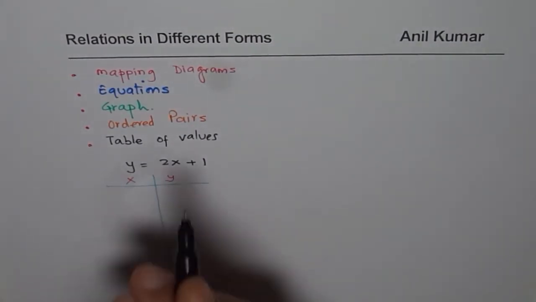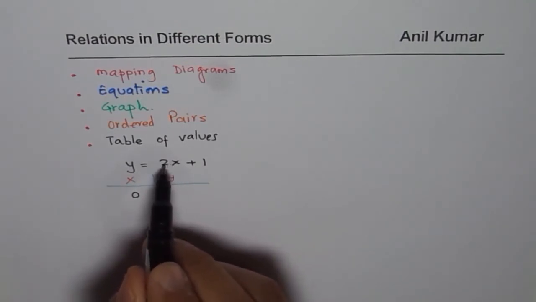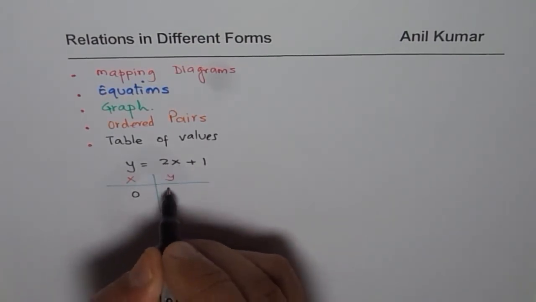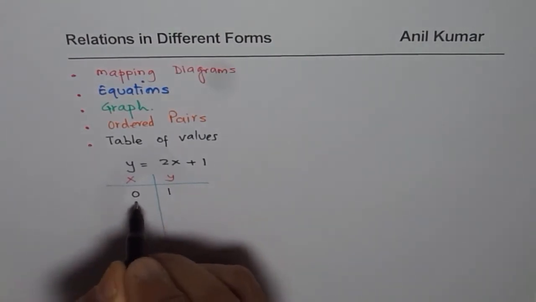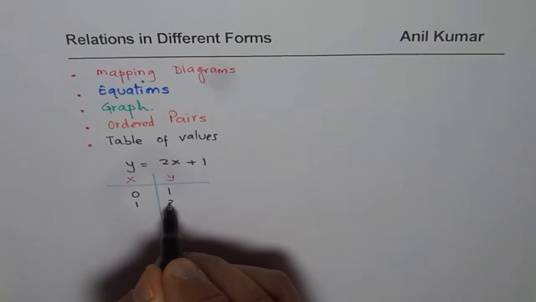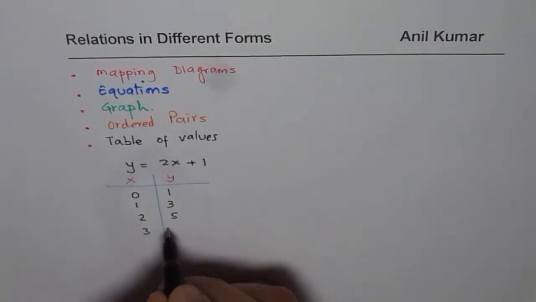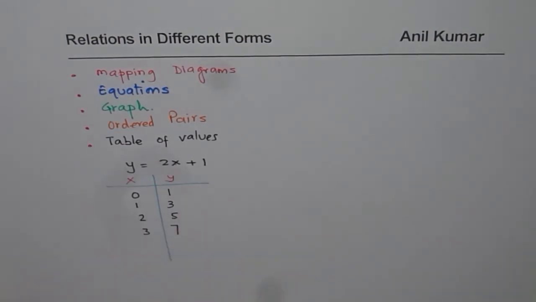So if x is 0, then 2 times 0 plus 1 is 1, y becomes 1. If x is 1, in that case 2 times 1 is 2, 2 plus 1 is 3. For 2 it will give us 5, for 3, 3 times 2 is 6 plus 1, 7. So you get values as shown here.